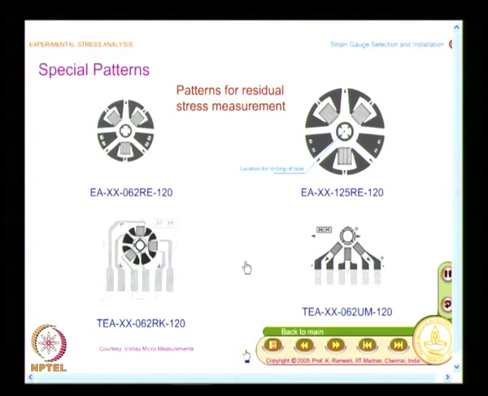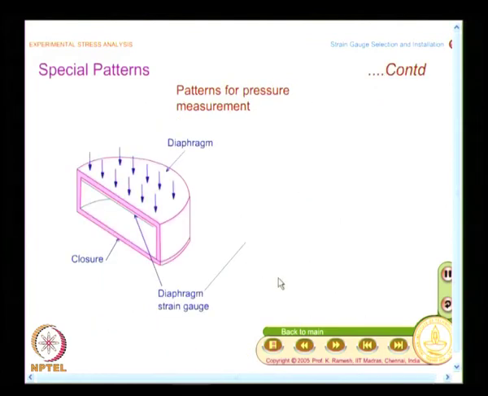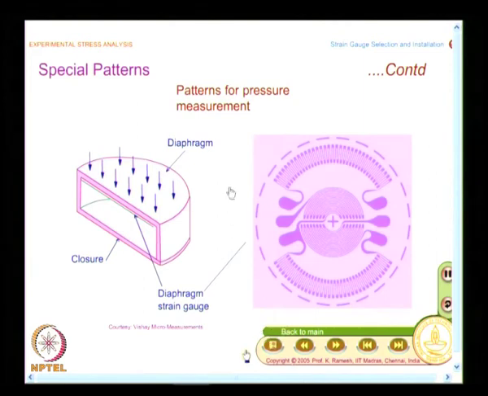Then you have another interesting pattern. You have a special pattern for pressure measurement. I have a thin diaphragm and I have a strain gauge which is shaped in this manner. Because I use a metal foil and then I do an etching process, I can put any complicated pattern for me to do the etching.